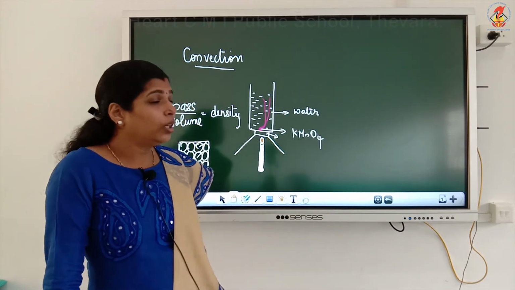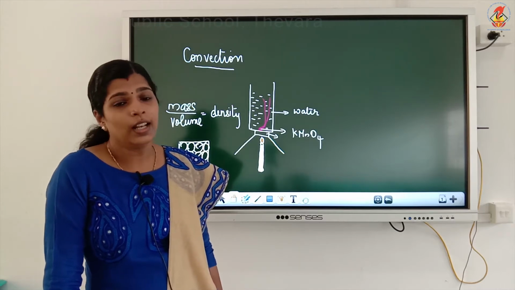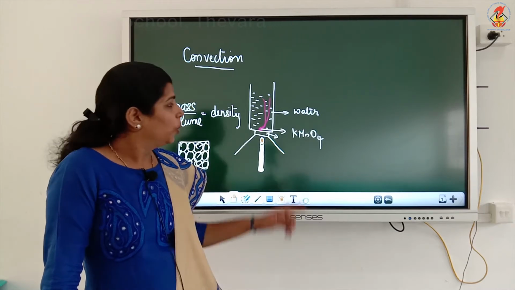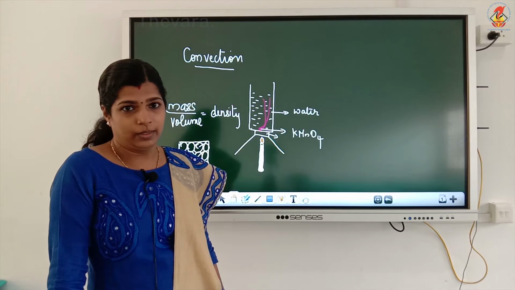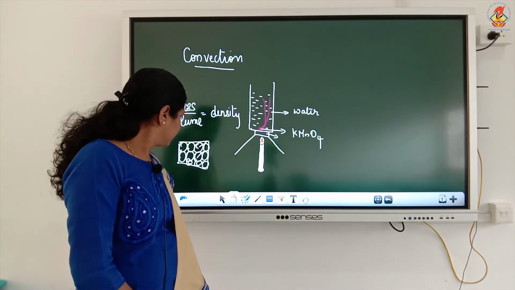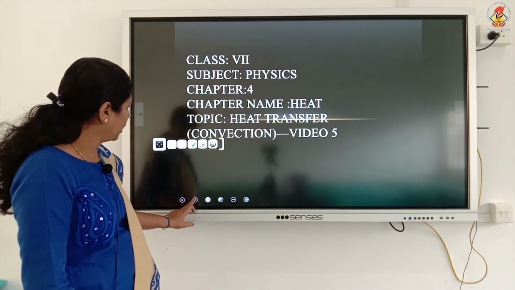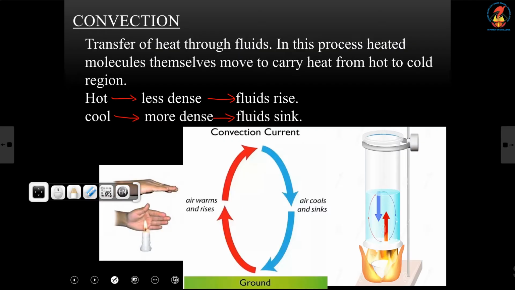Here, water and gases are bad conductors of heat, but still they will conduct heat with this process, that is convection. So, transfer of heat through fluids.